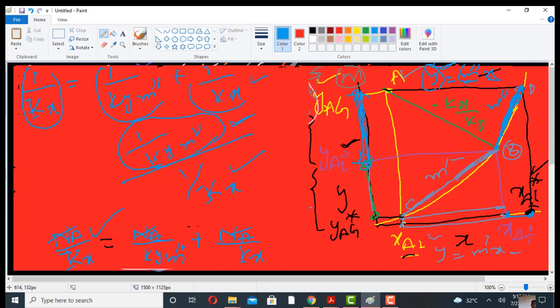So the fractional resistance provided by the gas phase is equal to 1 divided by ky m double dash divided by the overall resistance. Similarly, the fractional resistance provided by the liquid phase is 1 divided by kx divided by the overall resistance.